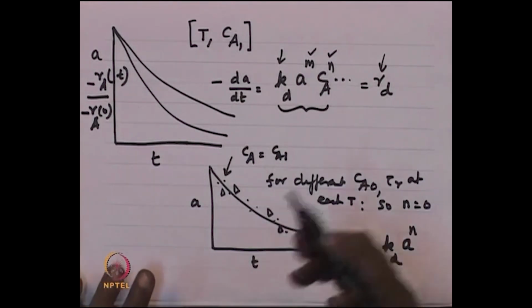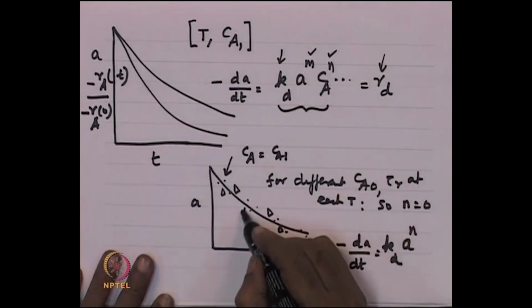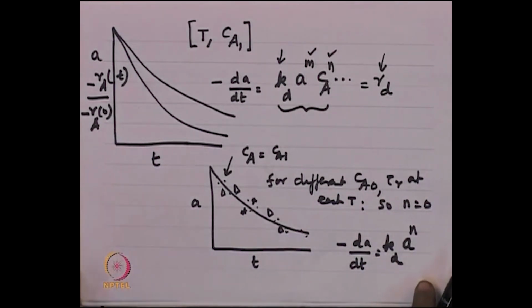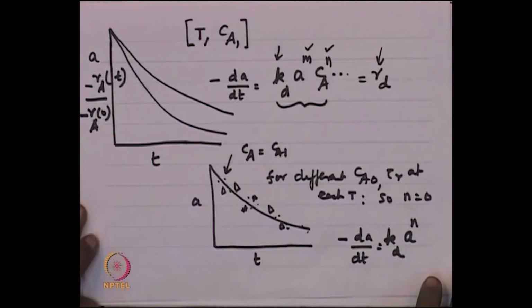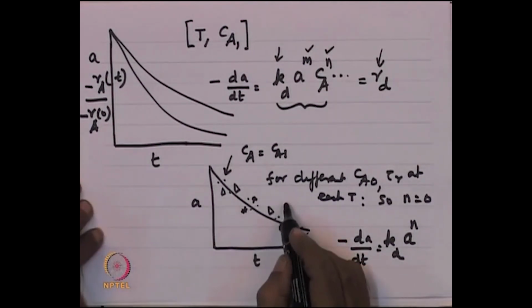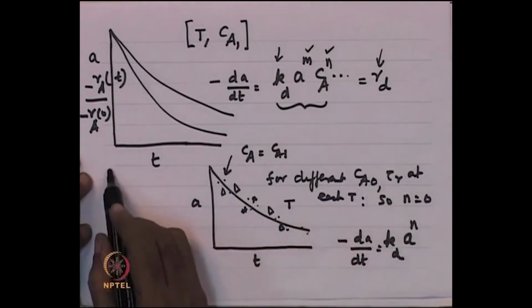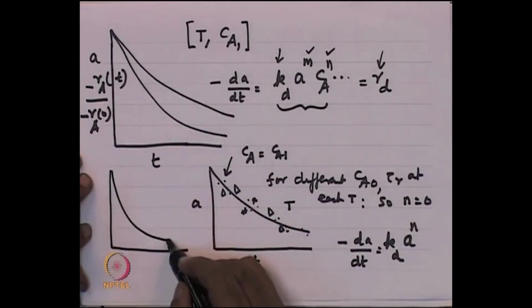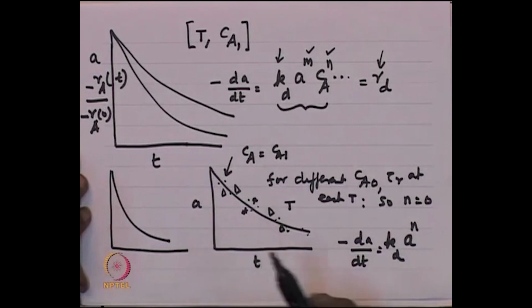Let us say C_A equal to C_A3, we get all these stars. Now, when you do experiments under different conditions, let us say this is for one temperature, then we can do it for another temperature.